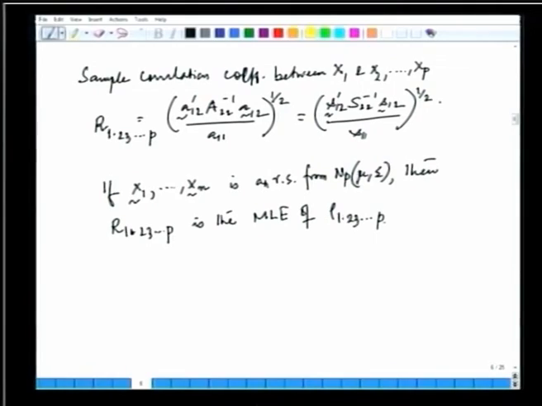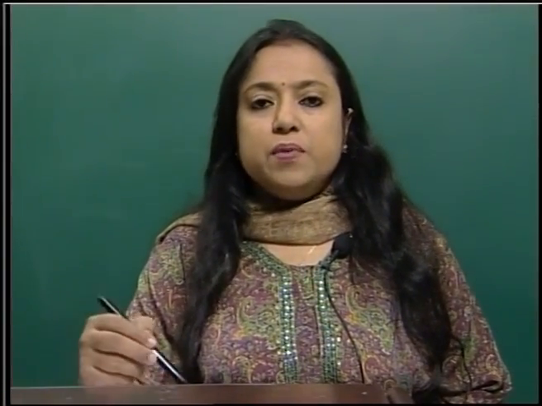Now that we are talking of the sample correlation coefficient, we can actually think of devising tests on the population correlation coefficient rho 1.23...p. So, for this we have to know something about the sampling distribution of this sample correlation coefficient or some function of it.